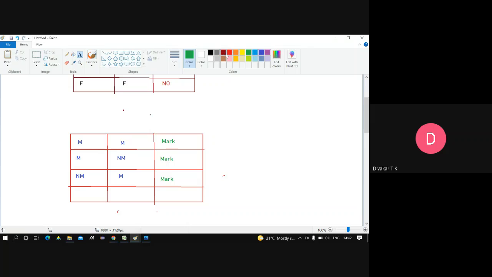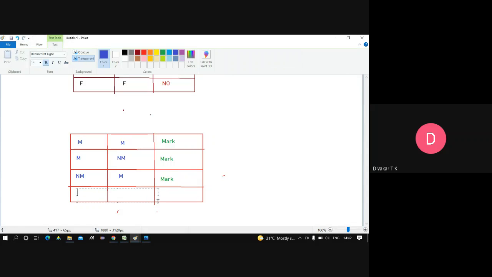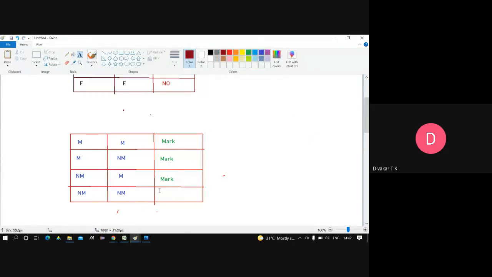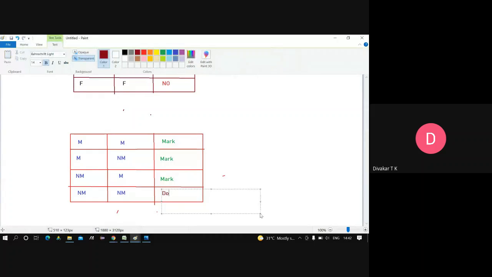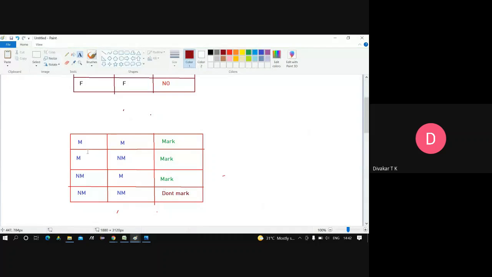Last one, it's common sense: no marking here, no marking here also, then you should not mark. That's it, simple. Don't mark. Anyone is marked, you have to mark, otherwise don't mark.